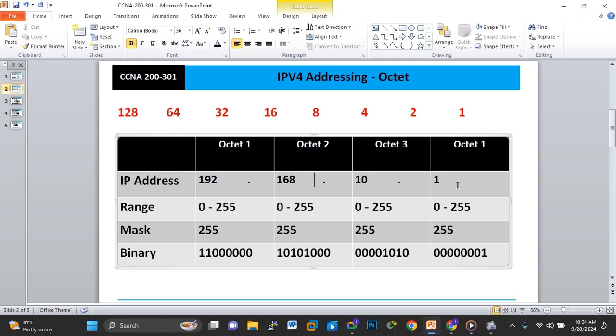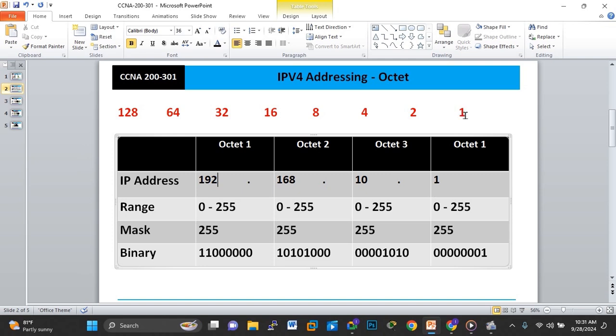In a normal form, we don't just call them digits, we call them octets. And every octet, in 192.168.10.1, is represented by 8 bits. Take note, octet. We call them octets now. Every octet is now represented by 8 bits.